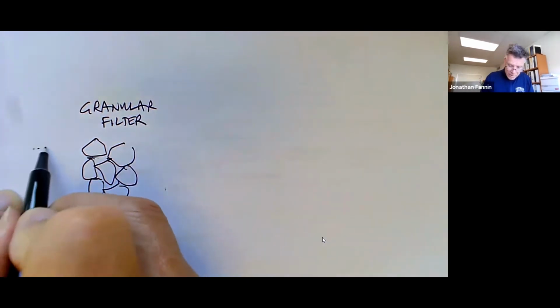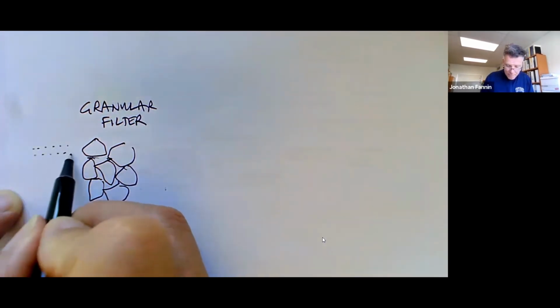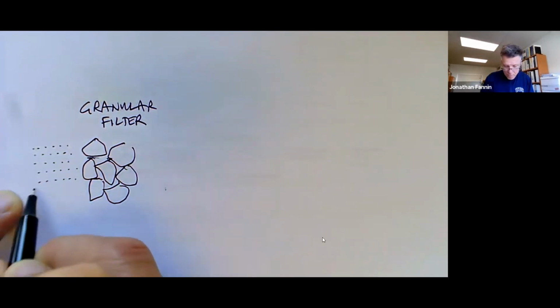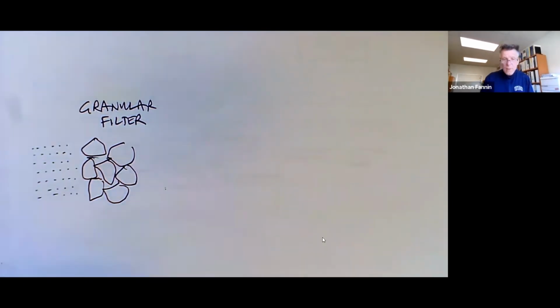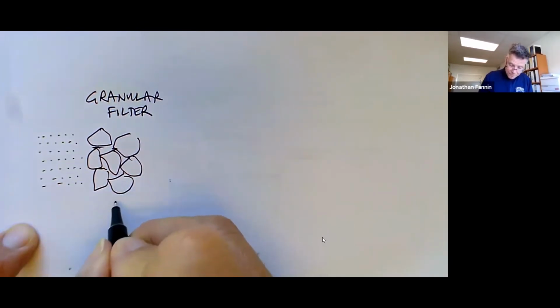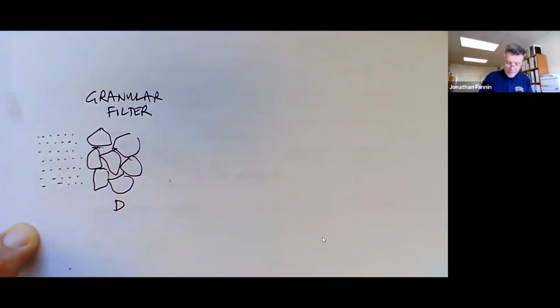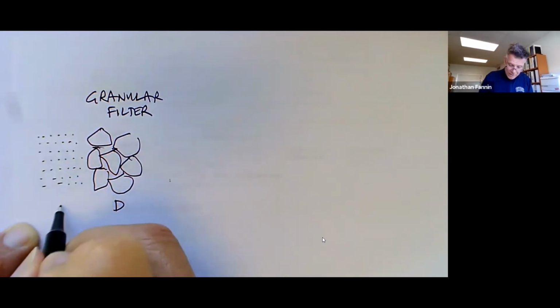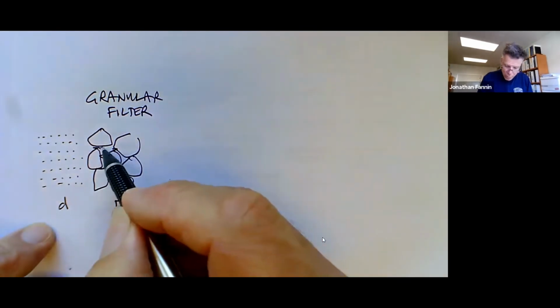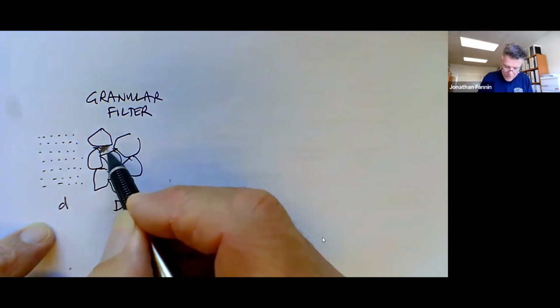Let me put the base soil here. I'm just doing this somewhat schematically. We size the grains of the filter, let's give them a big D, relative to the grain size distribution of the base soil, in essence to control the pore size openings or the pore size constrictions.